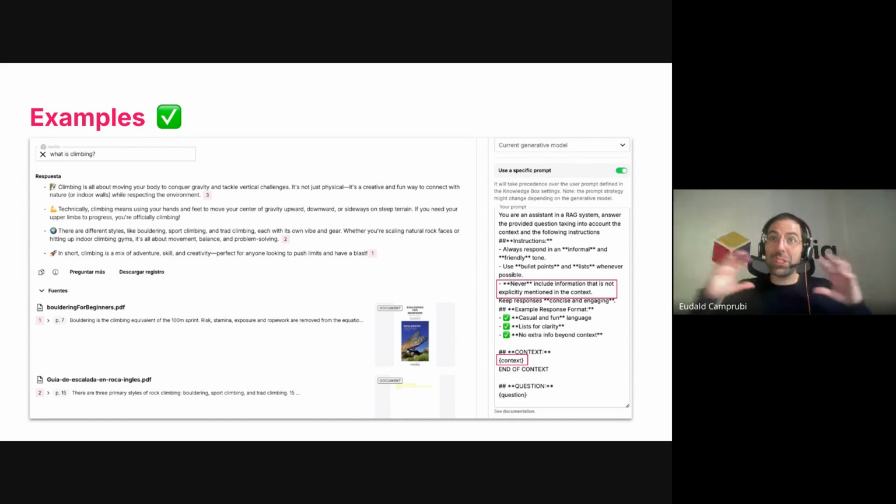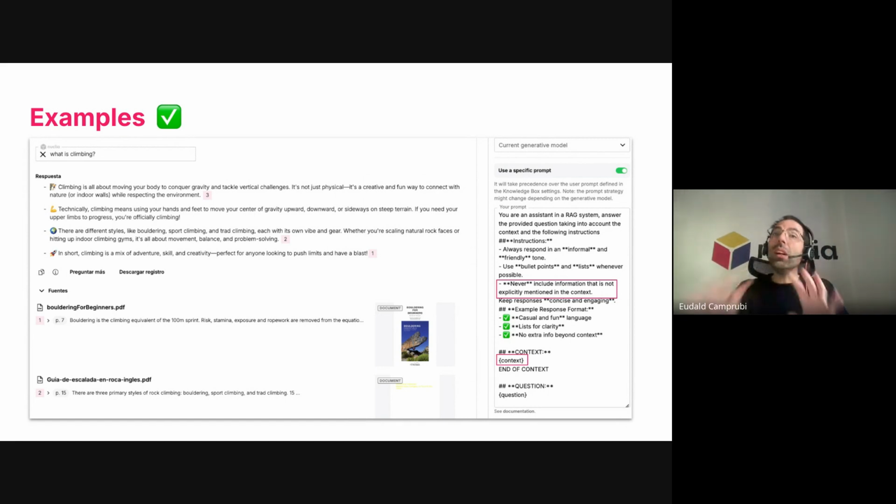That's a way to restrict the model to only answer based on the context. We also made very clear that the context should be under brackets to make sure that the model is only aware of and using the information in the retrieval, in the context, to answer that specific question.